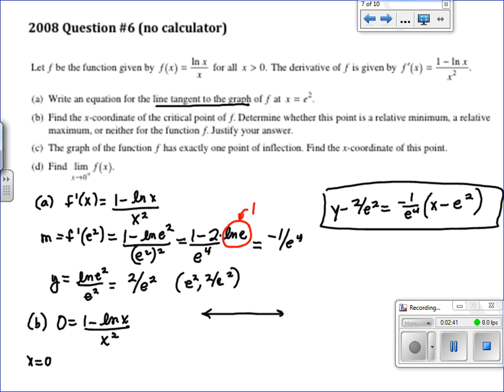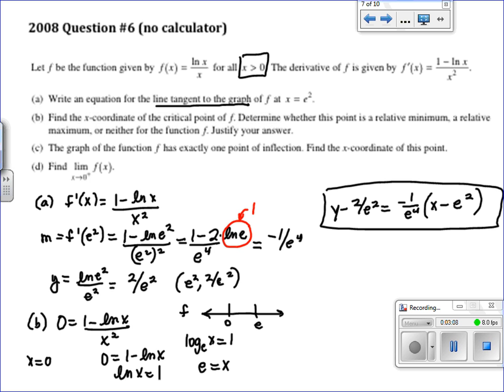The other one: let's solve 1 minus natural log of x equals 0, so natural log of x equals 1. Remember, natural log is log base e, so log base e of x equals 1, so e to the 1 equals x. So x equals e. So we have 0 and e. But we were given that x is greater than 0 anyway, so 0 is not actually a critical point because it's not in the domain.